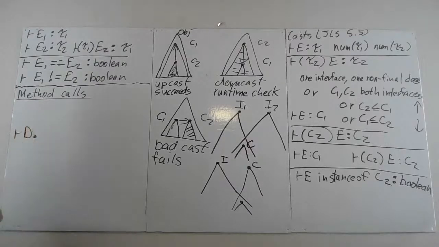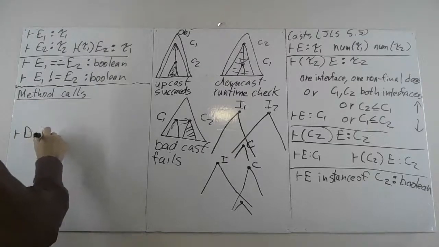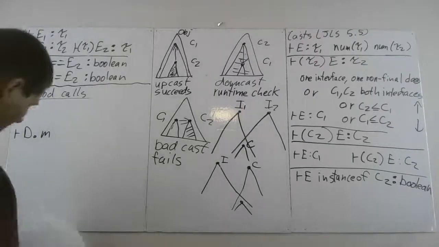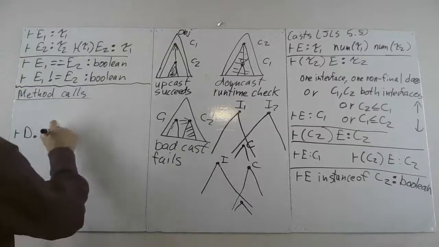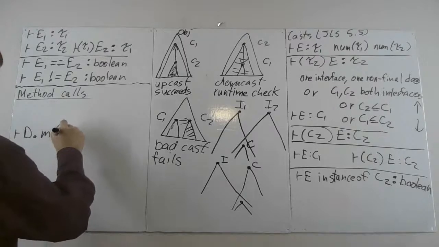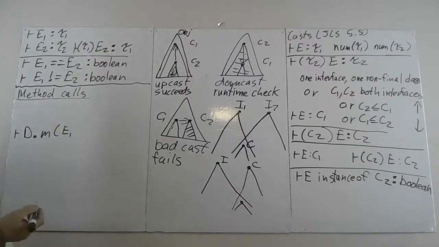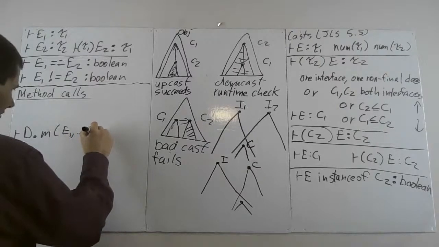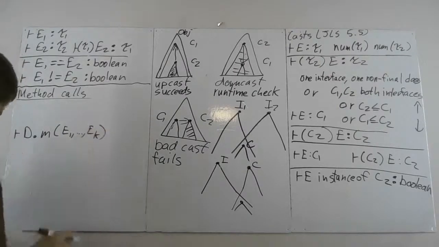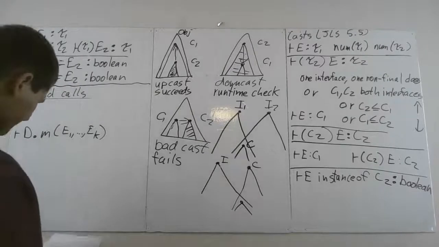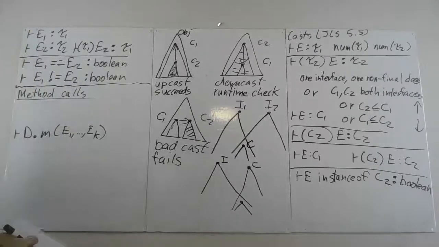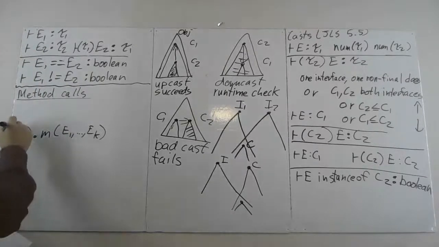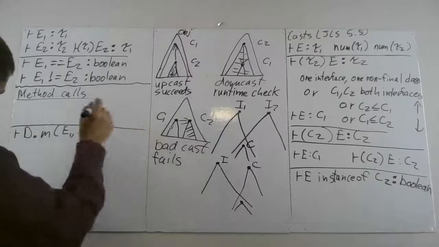So if I call a method on a class, again, I'm going to use D for my class, and the method call can have some list of argument expressions. Okay, and I'm trying to type check this method call.